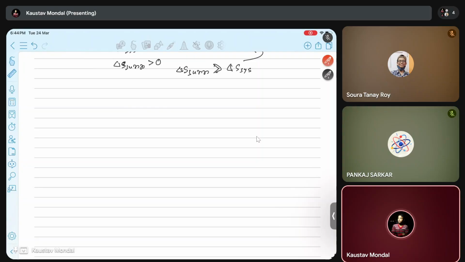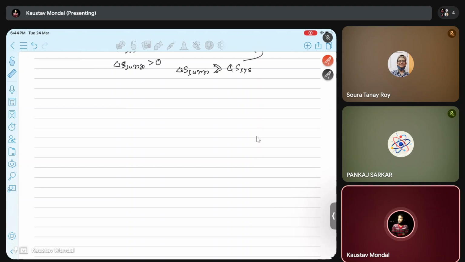Since P multiplied by V gives you the unit of energy, similarly the multiplication of T and S also gives you the unit of energy.